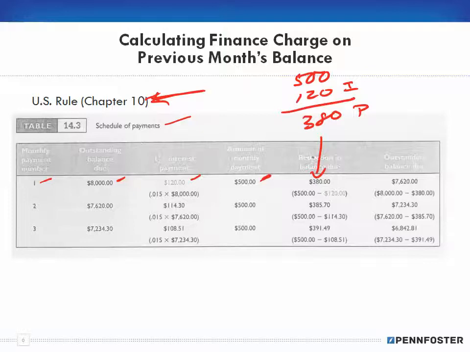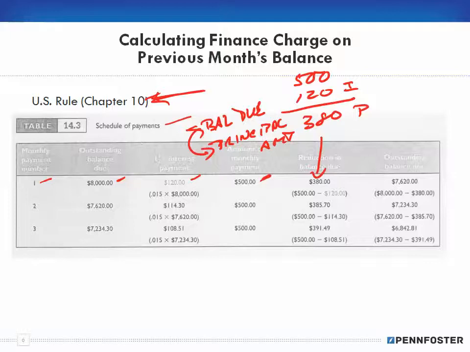So the reduction in the balance due, or in the principal amount. Now notice I said balance due, and I also used the term principal amount. Principal or principal amount, the terms are interchangeable.